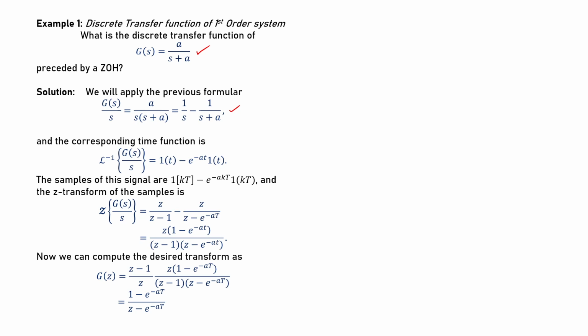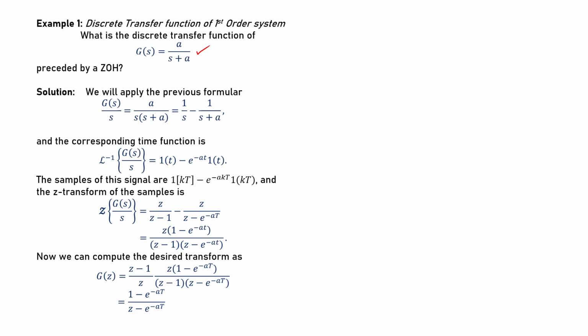Here we can find the inverse Laplace of this whole transfer function, then we get the answer in the time domain. Okay, 1 over S transforms to be 1 of t, a step function. 1 over S plus A transforms to be e to the minus at times a step function. Okay, in the time domain.